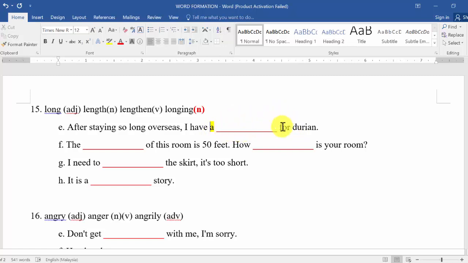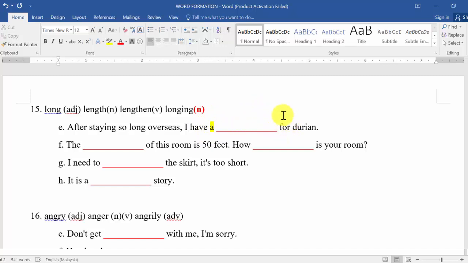If the next word after the blank is a noun, it means that your answer should be an adjective.